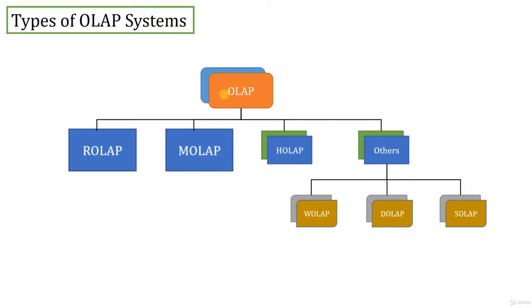The next one is HOLAP, or hybrid online analytical processing. This is basically a hybrid model. In the HOLAP approach, the aggregated totals are stored in a multidimensional database while the detailed data is stored in the relational database.